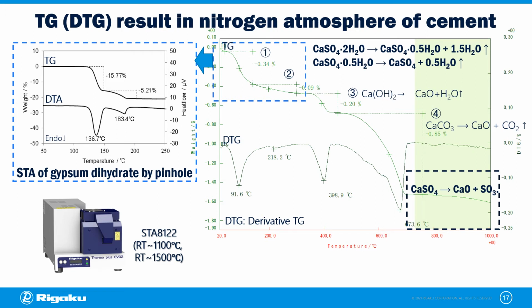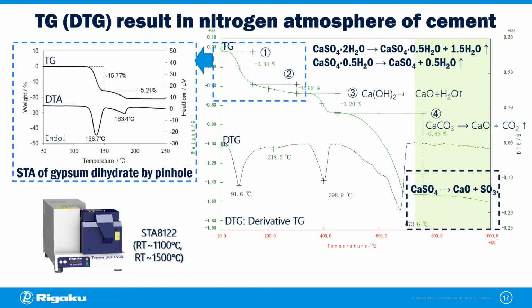In this case, each dehydration reaction that occurs continuously in the sample pan is suppressed by the self-generated water vapor and can be observed as 2 separated reactions. The left graph shows the STA results of gypsum dihydrate using the self-generated atmosphere of the pinhole pan.